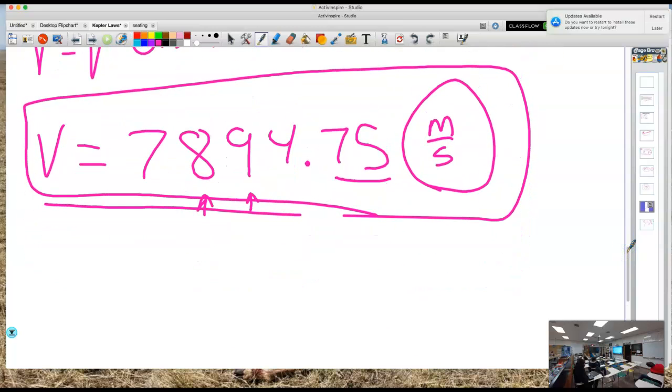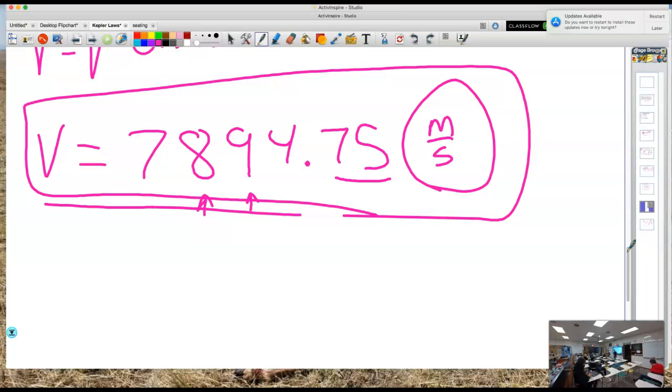So, let me think about this for a second. Take 7894, just leave the decimal off. Take 7894, multiply it by 60. Multiply it by 60 again. And then divide it by 1,610.